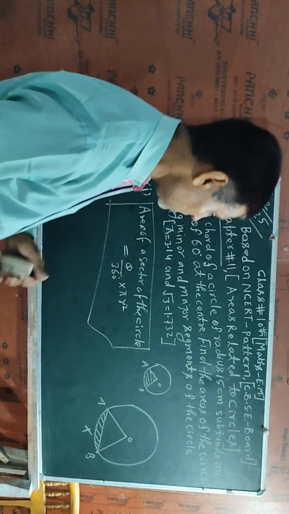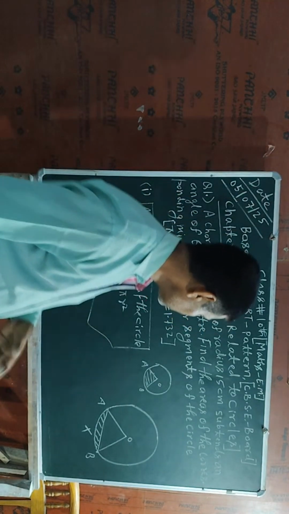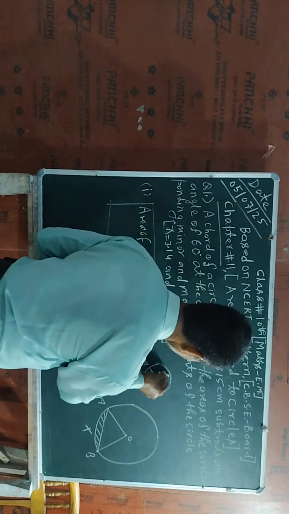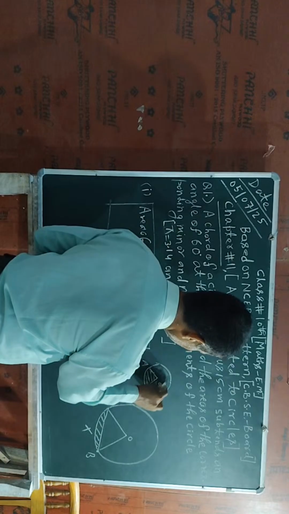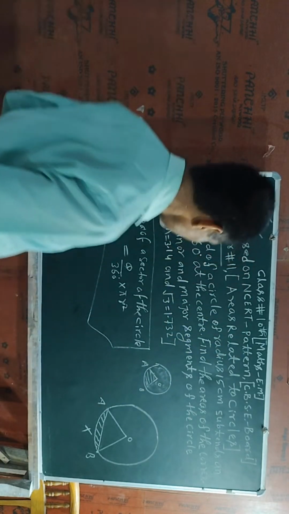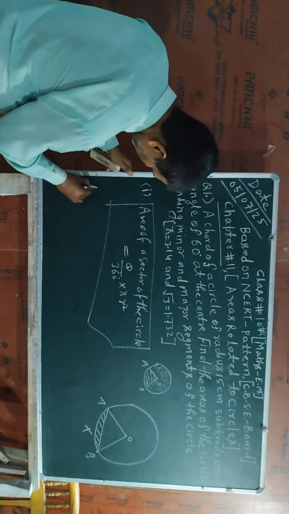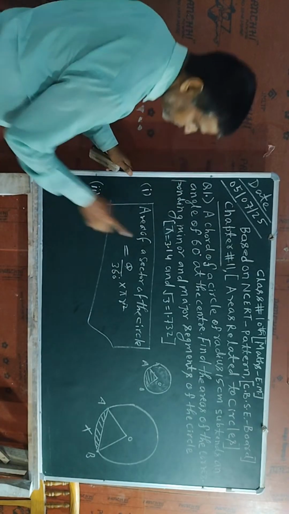Now other information we also have to get, and this portion I will say is the area of the major sector. Area of the major sector of the circle, I will write that formula as well.